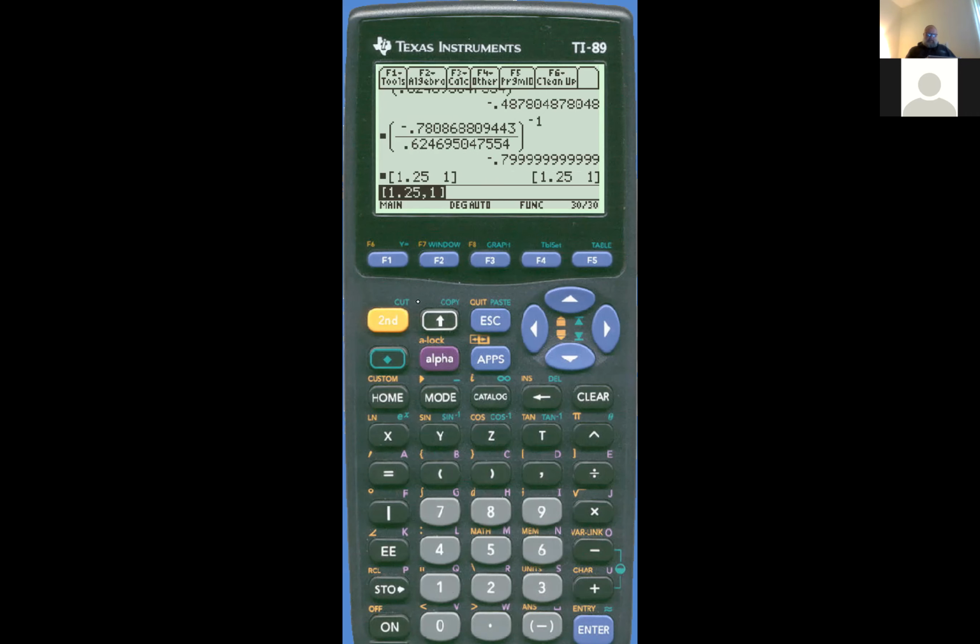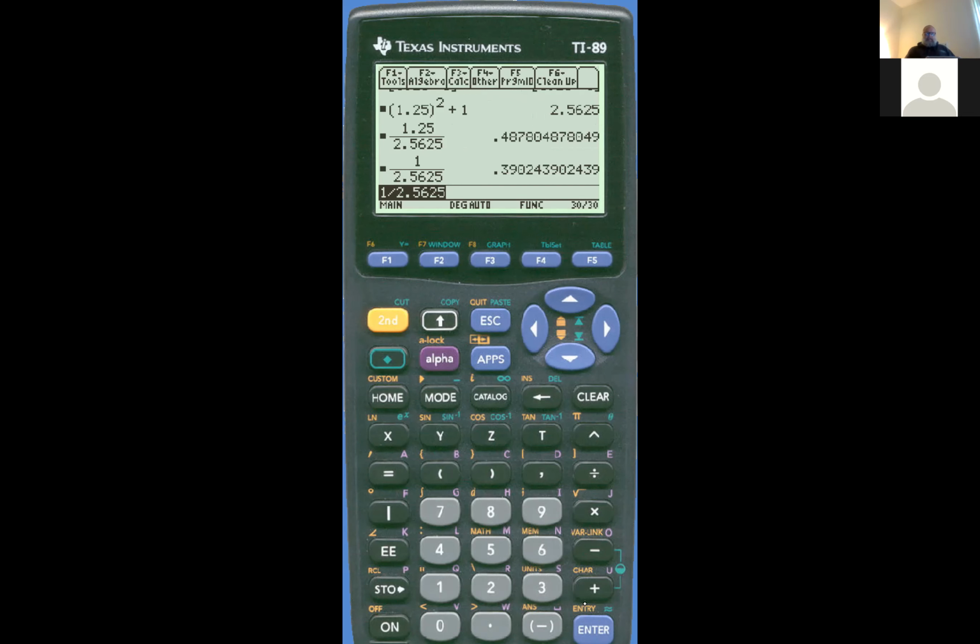I don't know. It's a good question. Well, it'll be 1.25 squared plus 1 squared. But then what if you took 1.25 divided by this guy? You would get that. And then what if you took 1 divided by this guy? Well, you'd get this. And there they are. Like, I don't recognize those guys, Jay.